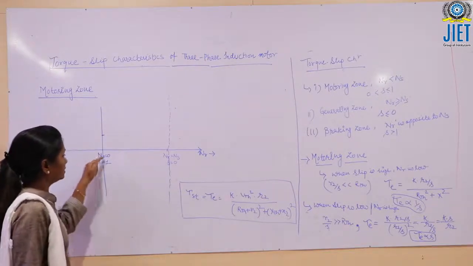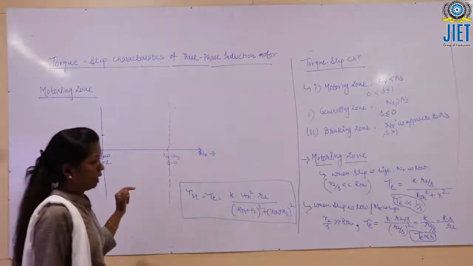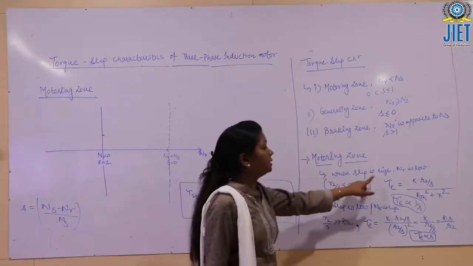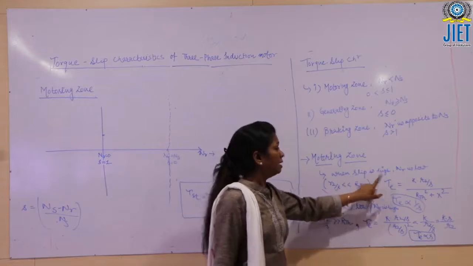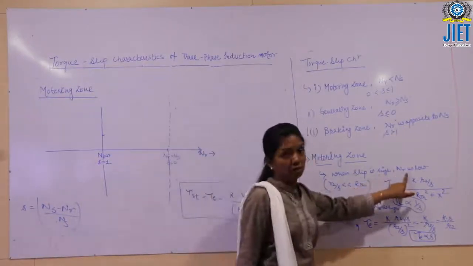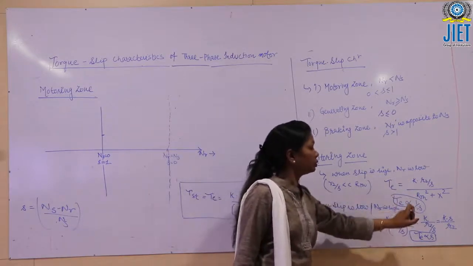Now, as the NR increases, the slip decreases. So now we are having this part when slip is high. So this is the first part. Slip is high in this particular zone and the NR is low. So NR is low, that's why the slip is high, as slip is inversely proportional to NR.